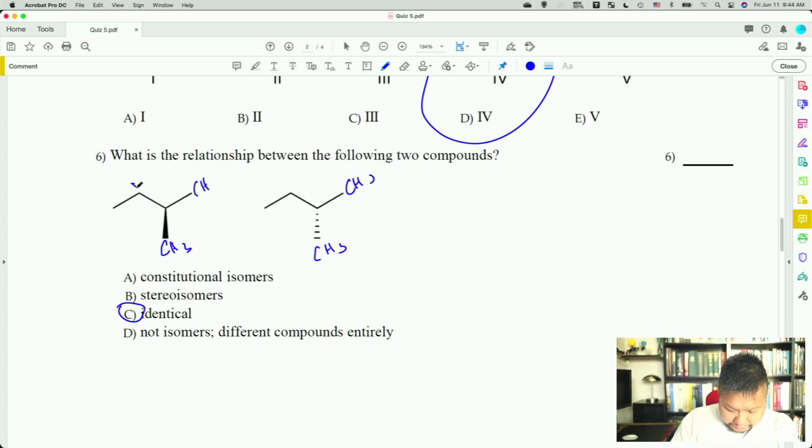It has symmetry right there. So these guys are actually identical to each other, because they can rotate around and be the same. So you could indeed rotate this guy, and it would look the same as this guy. Okay, so they're identical.